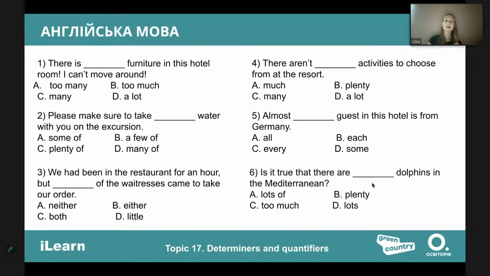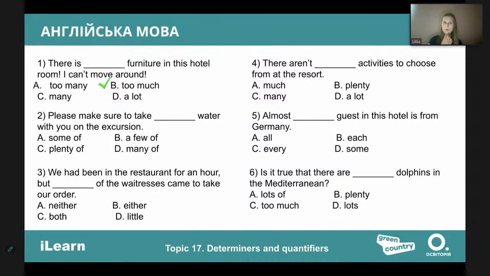Okay, let's have a choice here. Number 1. There is too much furniture in this hotel room. I can't move around. Too much.